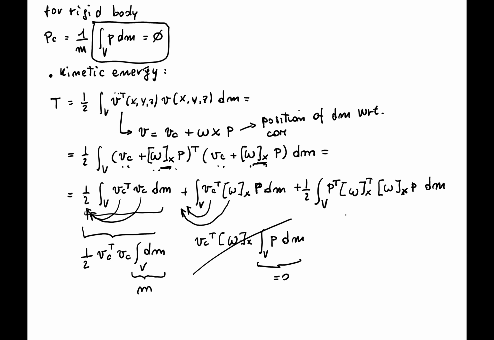Now let's rewrite this last term. Let's go back, putting everything together. We have a linear, translational part of the kinetic energy that depends only on the center of mass, and in fact it is equal to the kinetic energy of a point mass m located at the center of mass.